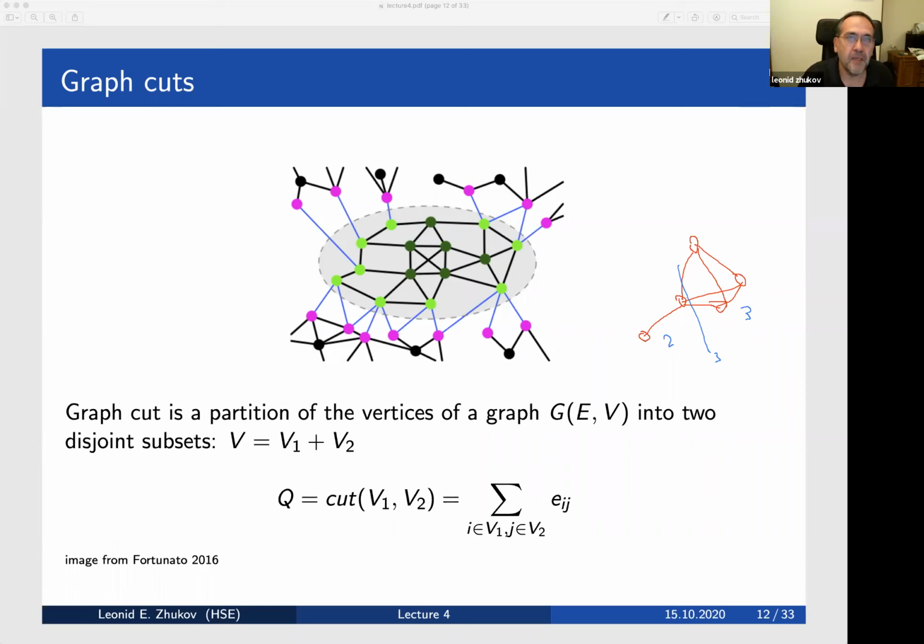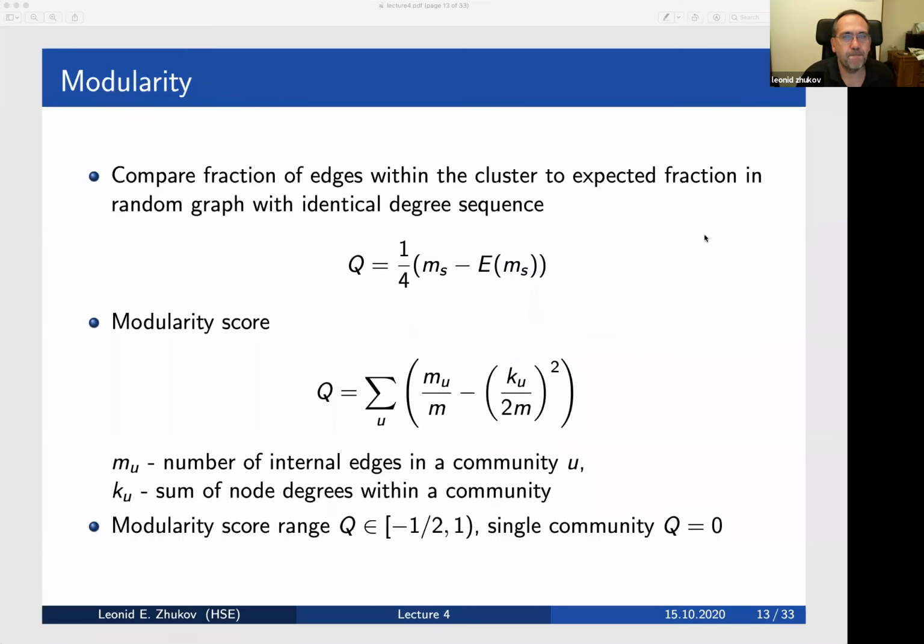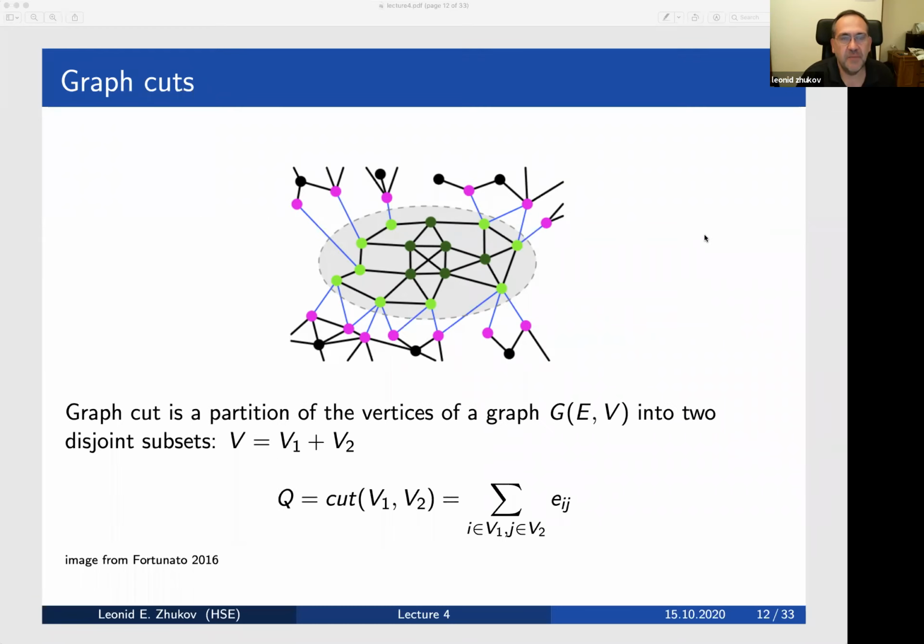Okay. All right. So, why do I want to do this? Well, because I can actually use this metric, cuts, to evaluate the quality of separation, or to evaluate the clusters.